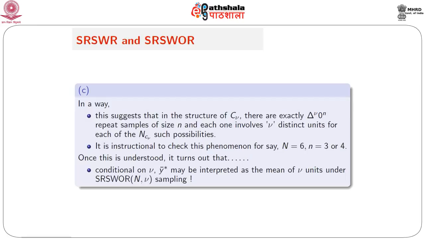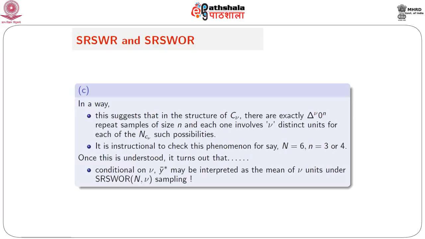So for capital N equal to 6, small n equal to 3, there are 6 cubed, that means 216 sample points, triplets, and you try to show them in a network, and you can see that nu equal to 1 captures some of them, nu equal to 2 captures some, and nu equal to 3 captures the rest. As a matter of fact, for 216 you can have a very nice splitting.